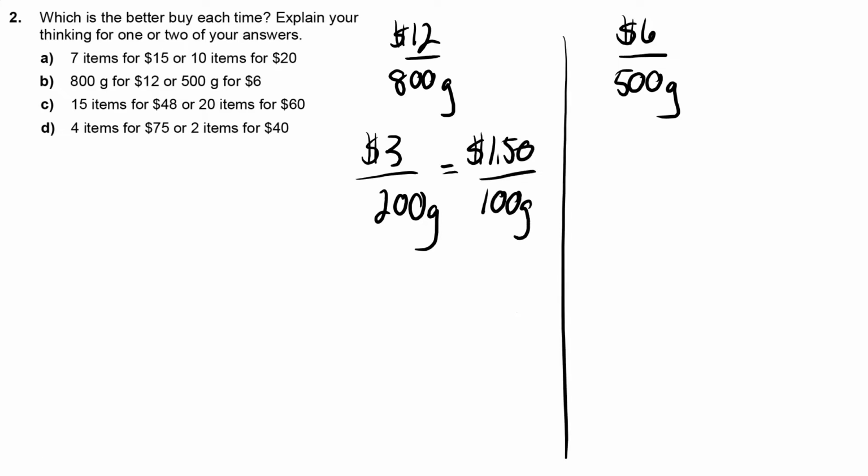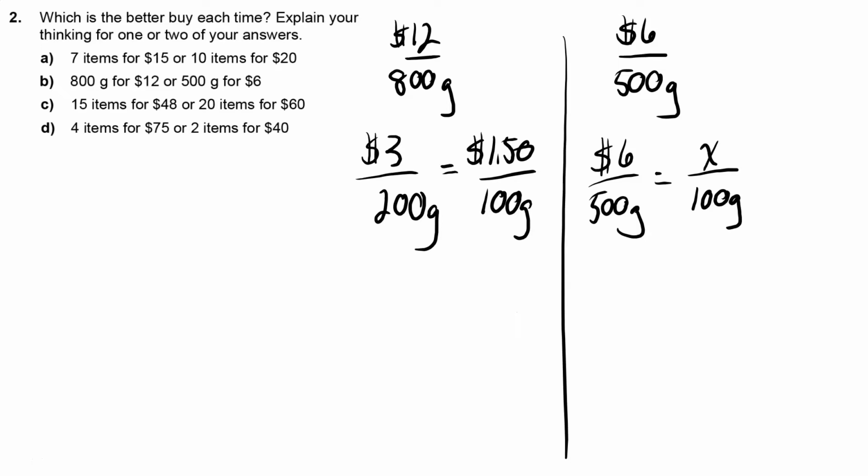Now for the $6 and 500 grams, there's no quick easy math to do for that one like we had for the 12 over 800. So I'm going to use the algebra that we used in one of our earlier units, and we're going to say that $6 per 500 grams is the same as some value of x for 100 grams.